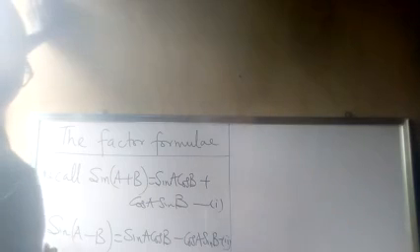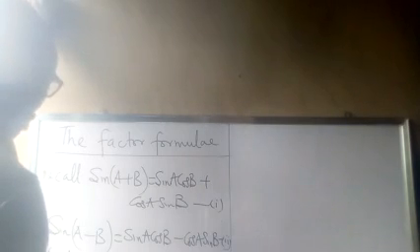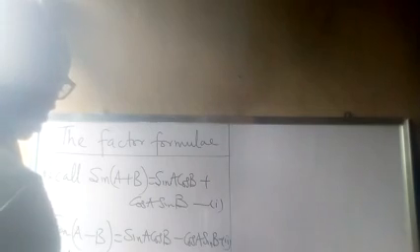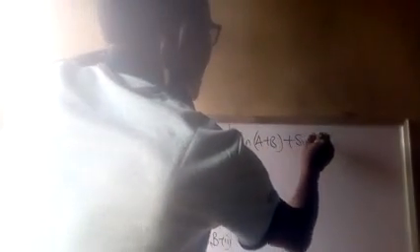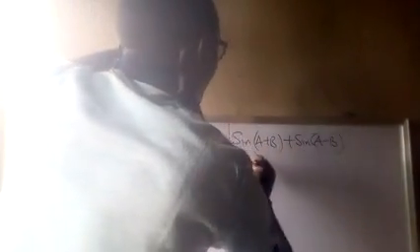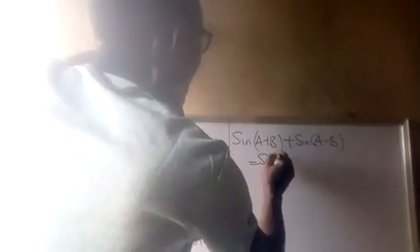Adding equations 1 and 2, we have sine (A plus B) plus sine (A minus B) equal to sine A cos B plus cos A sine B, plus sine A cos B minus cos A sine B. Obviously the cos A sine B terms cancel out.